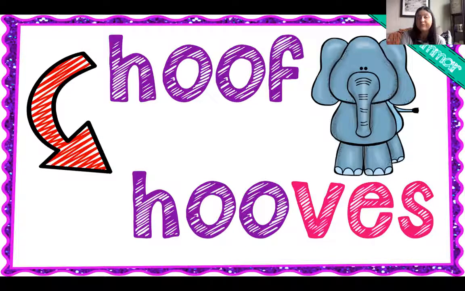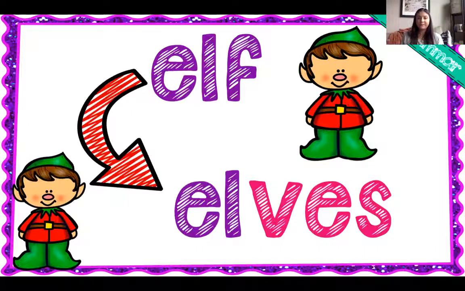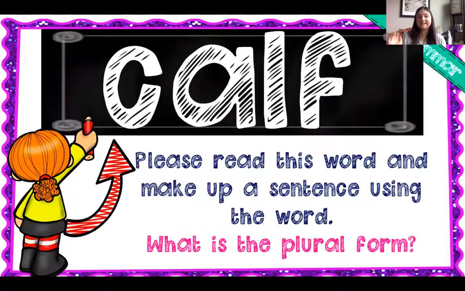The elephant's hooves made a lot of noise. Here I have elf. I'm just talking about one elf. The elf had a red hat. Now, if I want to talk about more than one elf, I talk about elves. These elves have green hats. Remember, I take off the F and I add VES.